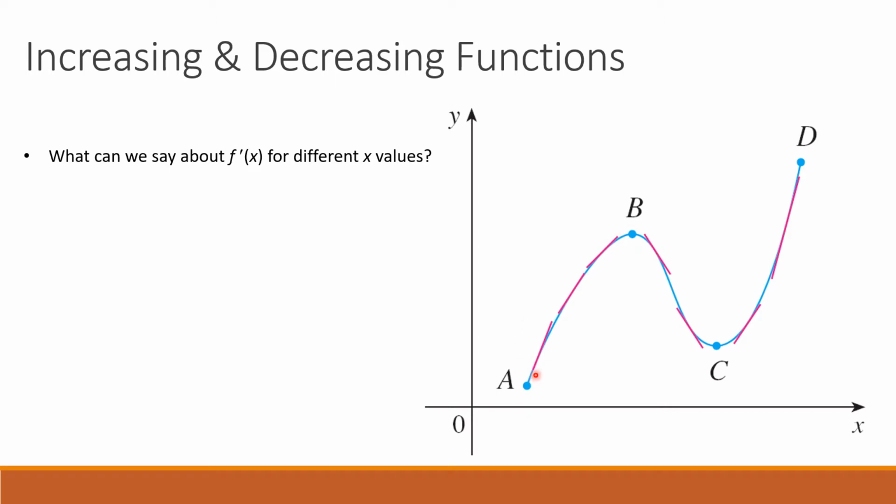The slope has a positive value. While from b to c, which is a decreasing function, the slope has a negative value. From c to d, it's increasing, the slope has positive value. So from this, we can sum up that increasing functions have a positive slope, decreasing functions have negative slopes.